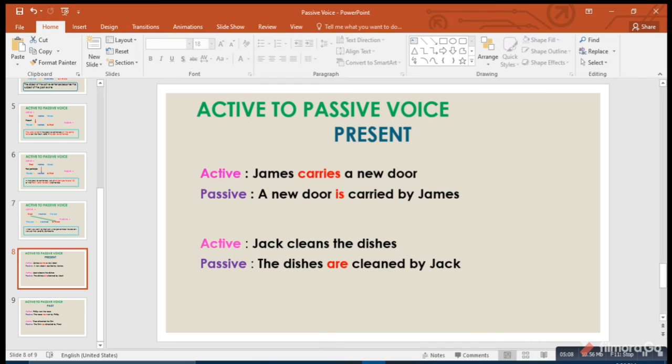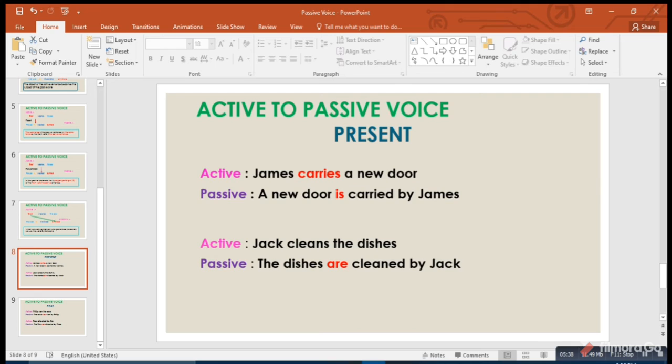Look here. I will tell you that in moving from object to subject, we have to pay attention to whether this object is singular or plural, because we want to use the right form when it is moved to the subject.